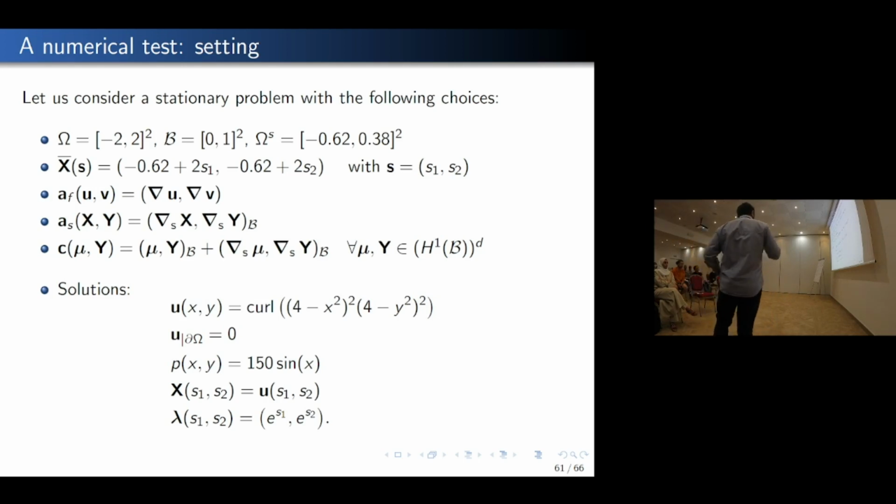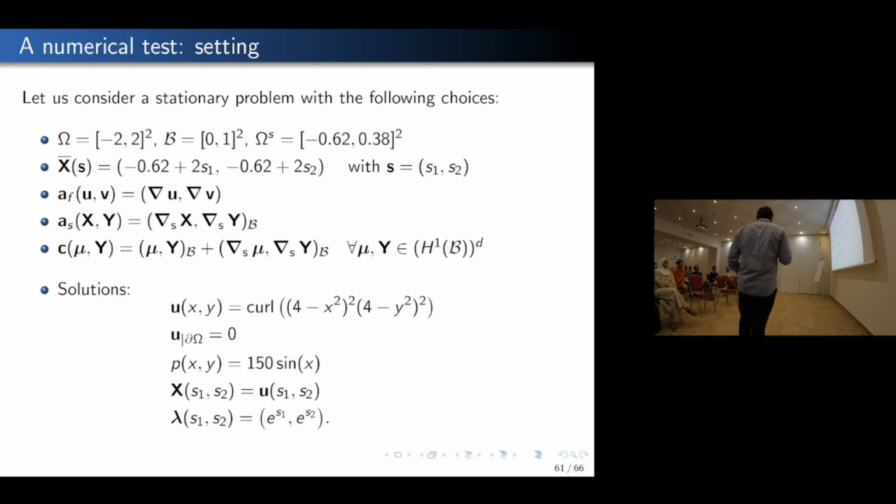So basically we are in a 2D case with a stationary problem. We consider the usual stationary problem with these choices. So omega is the square minus 2 to 2 squared, B is 0, 1 squared, and omega s is this square with x bar given by this. AF is only the grad part, and AS again is only the grad part.